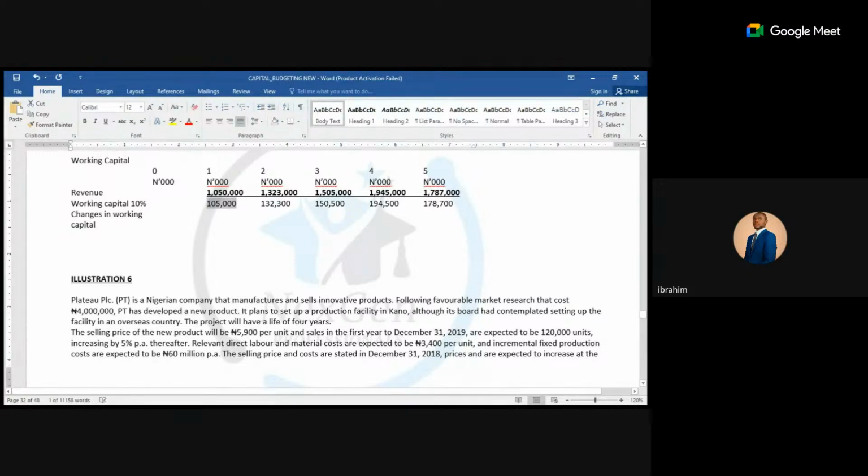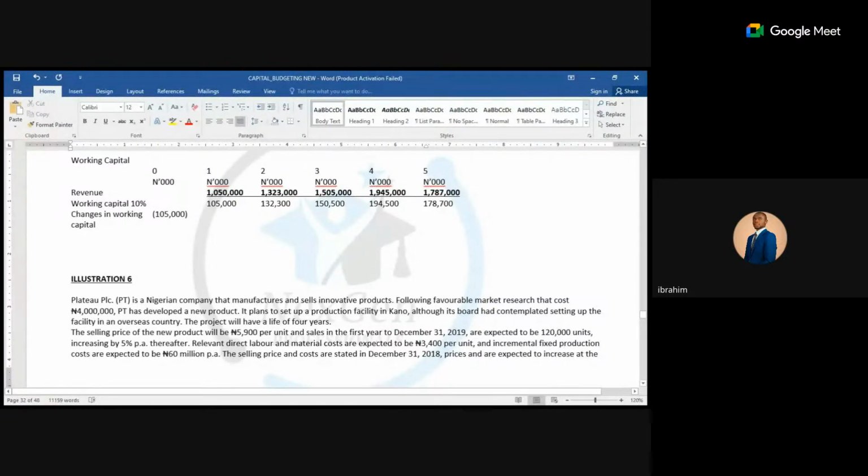What you have in year 0 is 0. So it has increased to 105 in year 1. Now, you have 105 in year 1. Year 2, you have 132, meaning that your working capital has increased, meaning that there will be a cash outflow.